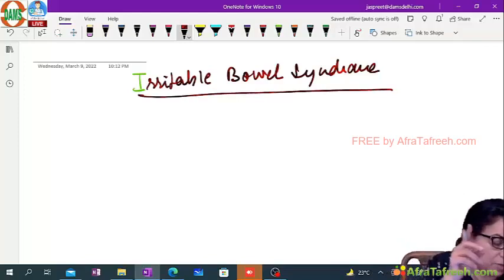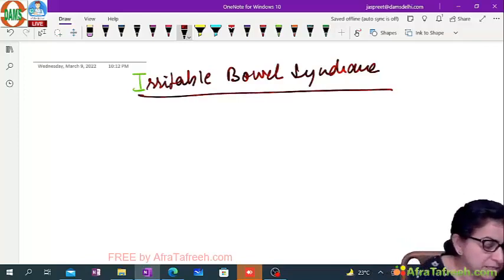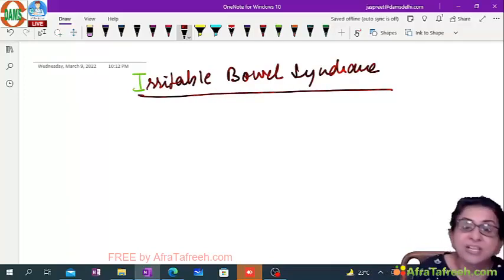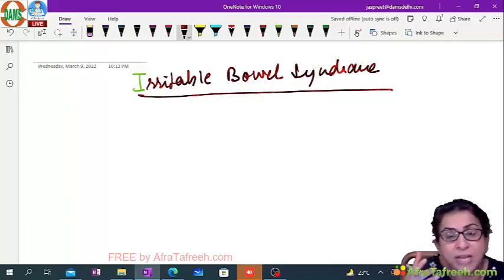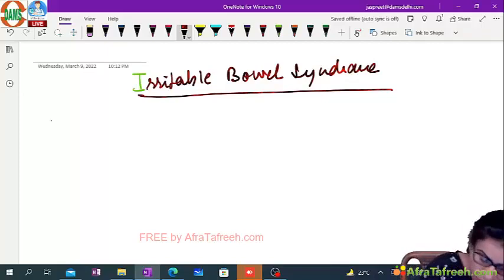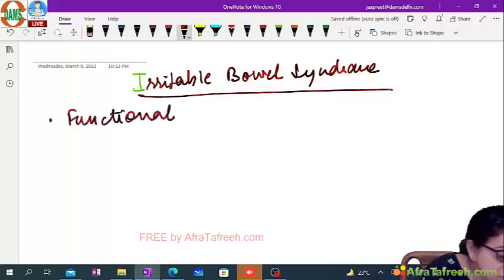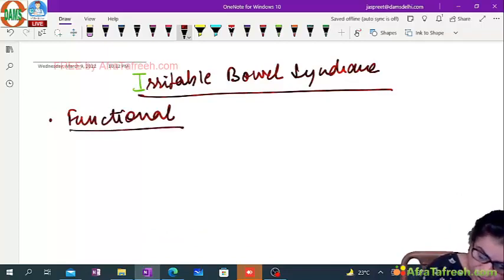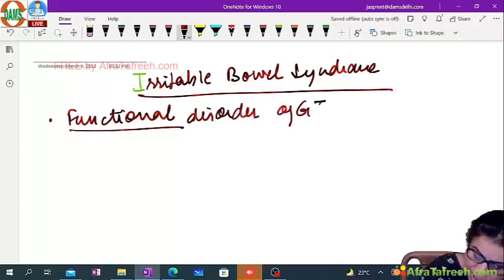Irritable bowel syndrome is an idiopathic and functional intestinal disorder. So there is no organic lesion in the intestine. It's a functional disorder of the GIT and it is idiopathic.